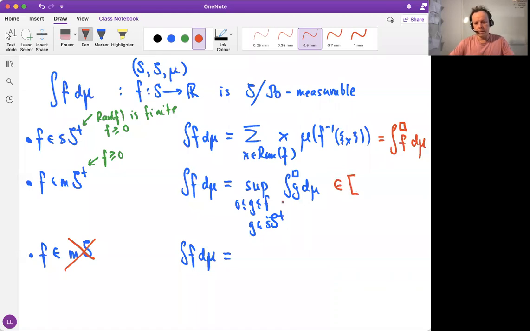Everything is non-negative in these sums and supremums. So the supremum is also non-negative, but it can be infinite. And the same is true, of course, for simple functions. So let's maybe write it down there. We remember this, so we can make the point that this can be between 0 and infinity, including infinity.